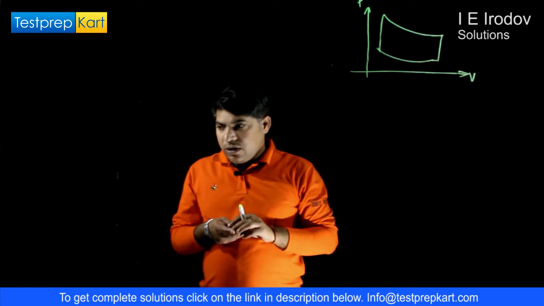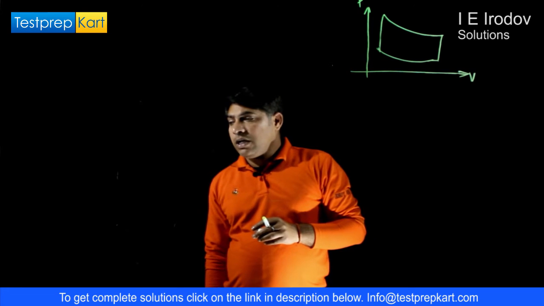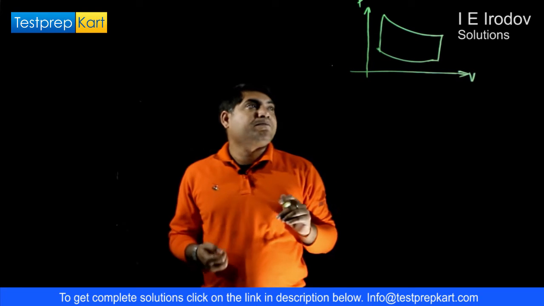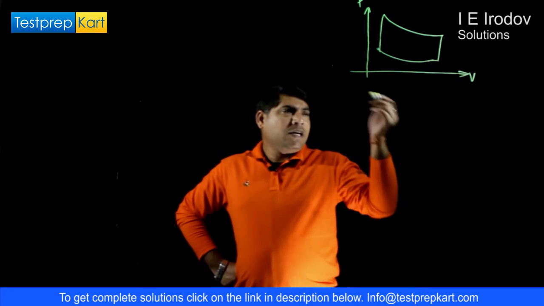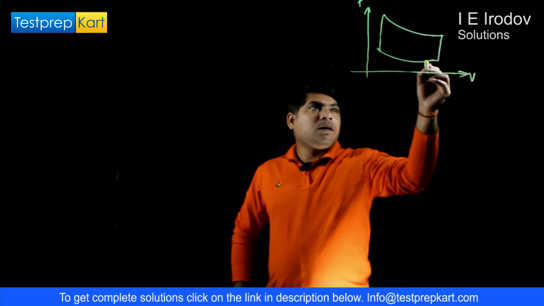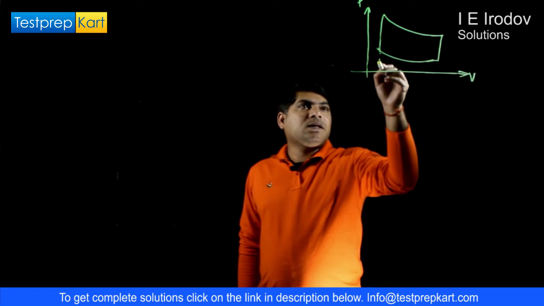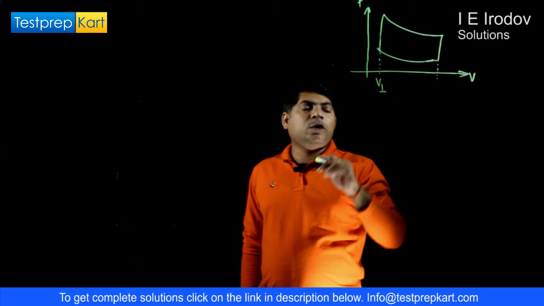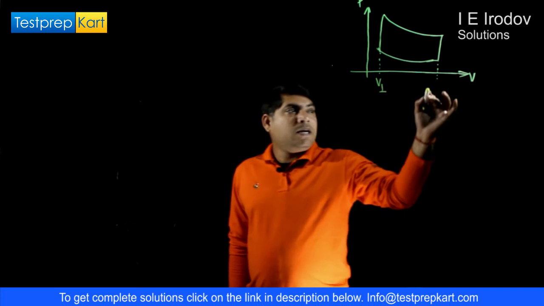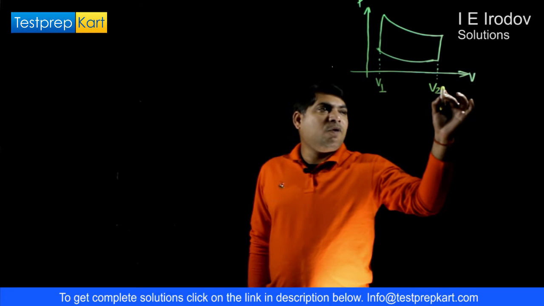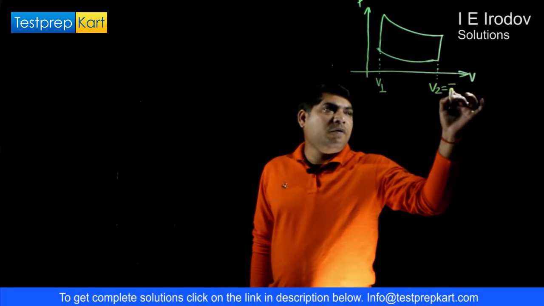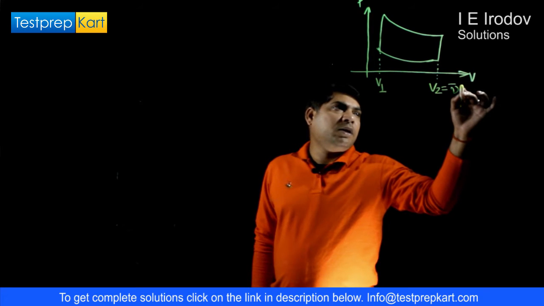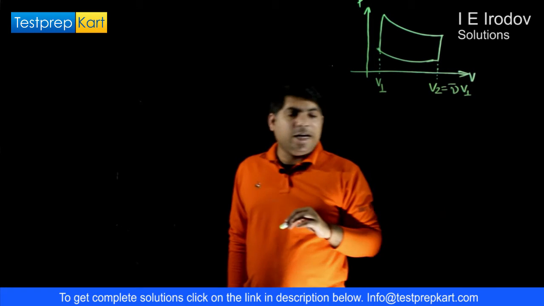Let's assume that in the first case the volume is V1 and in the second it is volume V2. The question says the volume varies V-fold, so this is V into V1, right?